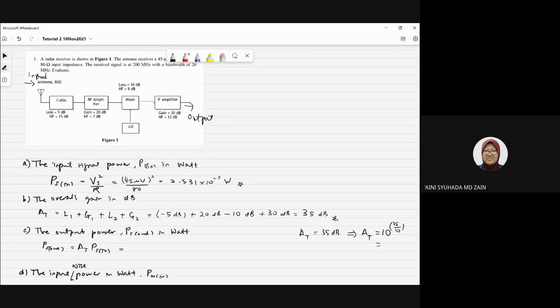How much you get the gain? It's about 3162.